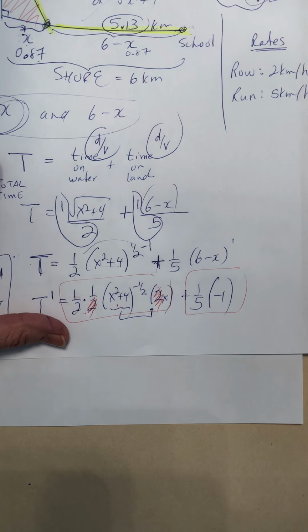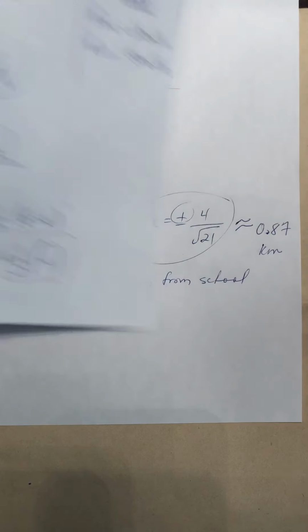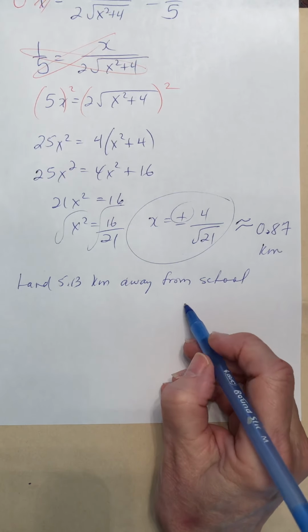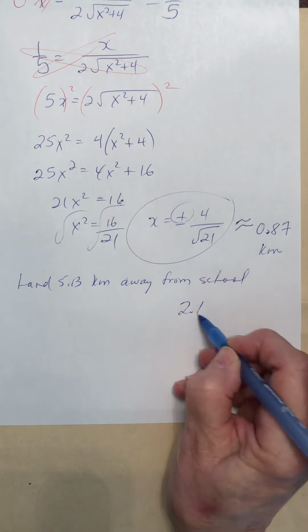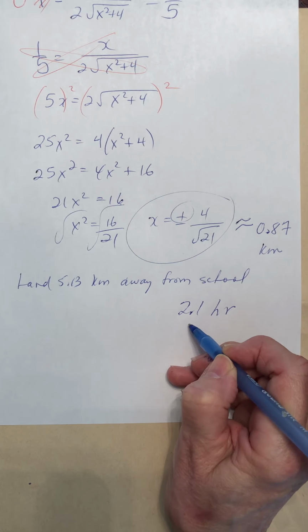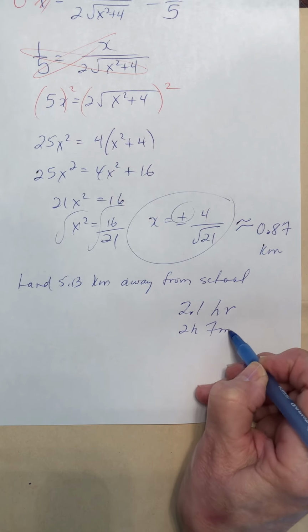Then you would know what was the shortest time with all of those circumstances that I could get to my calculus exam on time. So if you want to try that, the answer would be about 2.1 hours. Oh my goodness, that's a lot. Or that would be about 2 hours and 7 minutes.